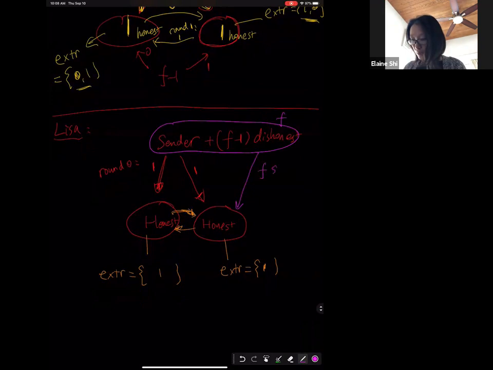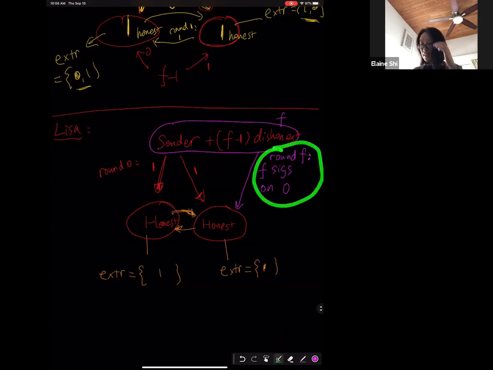And this message is sent in exactly round F. Remember in the protocol, in round F, I'm looking for a bit that has at least F signatures, one of which must come from the sender. And this indeed satisfies that criterion.